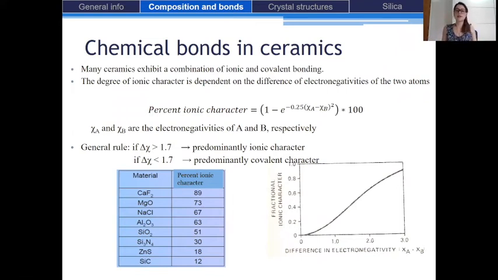And here in this graph, it shows the evolution of the fractional ionic character, or if you multiply by 100, it will give the percent ionic character as a function of the difference in electronegativity. And you can see that the fractional ionic character, according to this graph and according to this equation, is increasing with the difference in electronegativity.